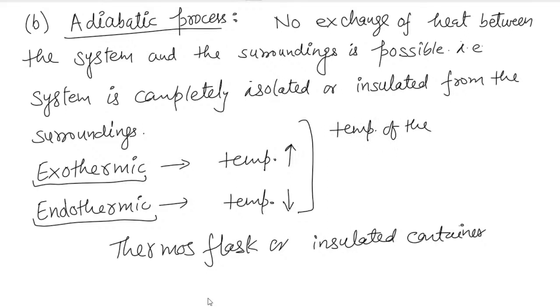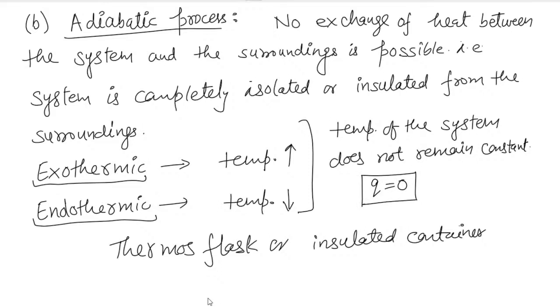The temperature of the system does not remain constant. But in this case, Q is 0. dT is not equal to 0, but Q means heat.